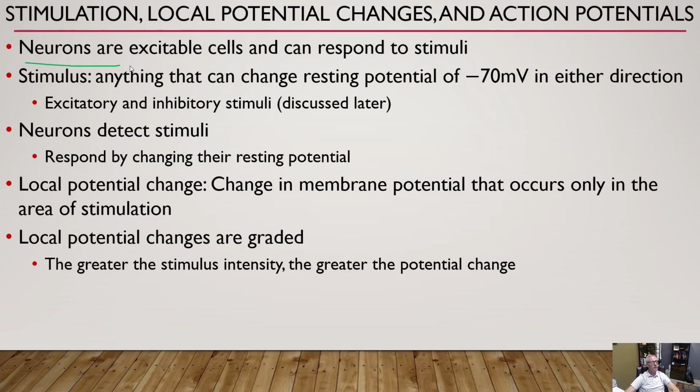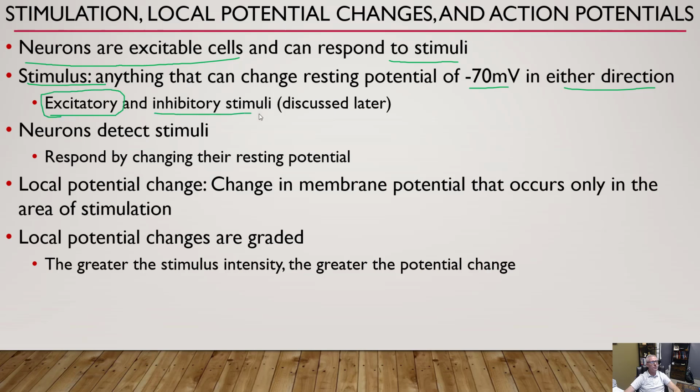All right, so neurons, we already know neurons are excitable cells. They respond to stimuli. So a stimulus essentially is anything that can change that resting membrane potential away from negative 70 millivolts. And it says in either direction. What we're going to talk about now is just the excitatory phase.